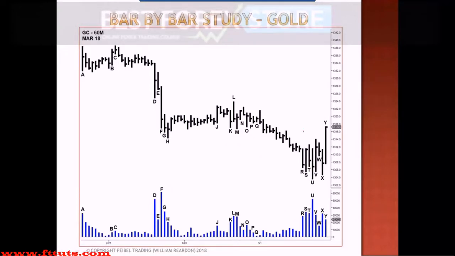And then bar V. This is a key bar. U is a very, very big question mark. And then V is key. We have a wide spread with, we'd say, average volume. Why? Because of our S and T. So it's average volume, wide spread. Up bar. Closes firm. Highest close out of all this price action. There are various subtleties of strength.